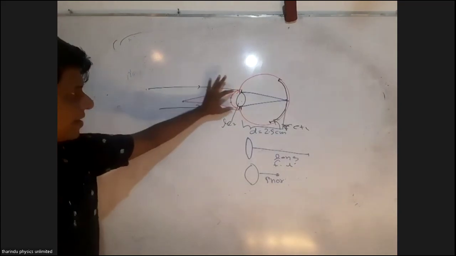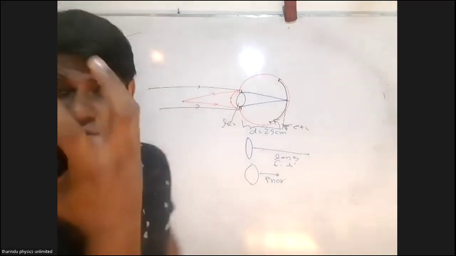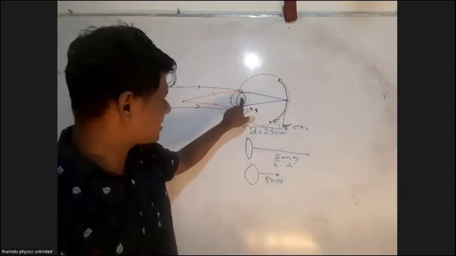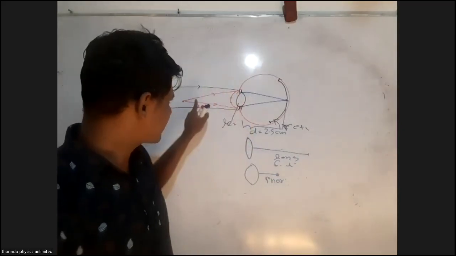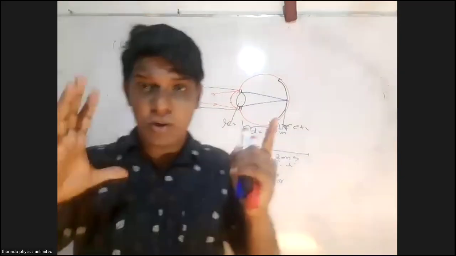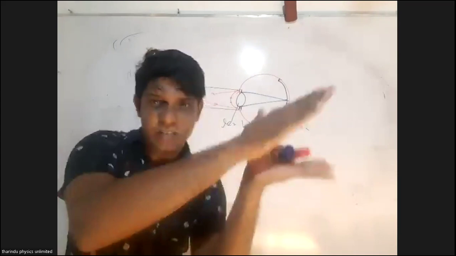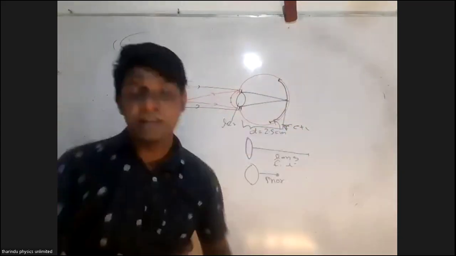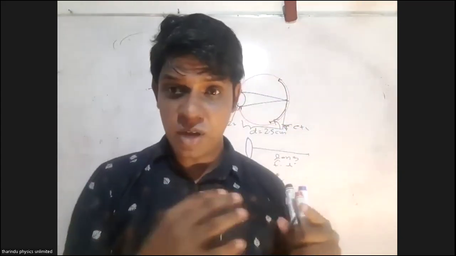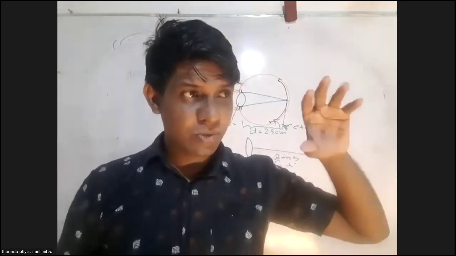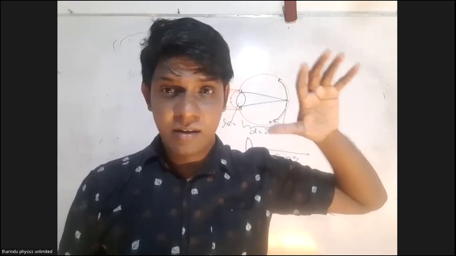Nearby objects give rise to rays like this. When it is coming from a nearby object, you have to make the eye lens thicker because the light is coming from a shorter distance. Now you have to bend it further, inward, so the eye lens should have a really higher power.